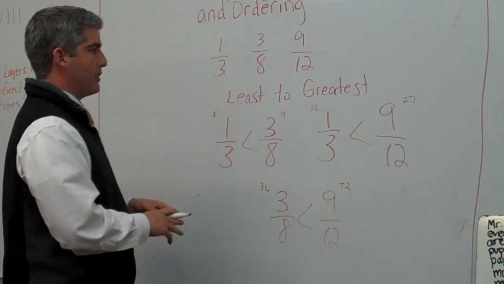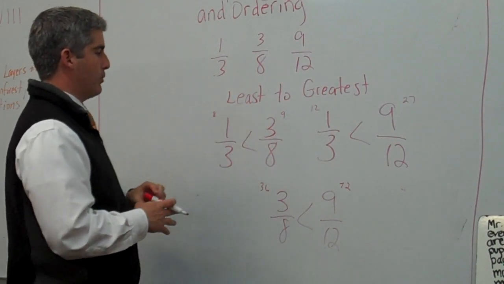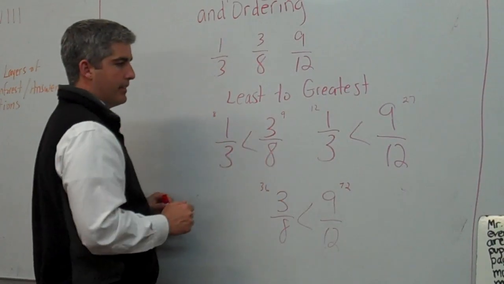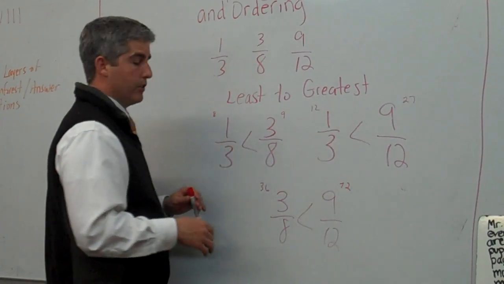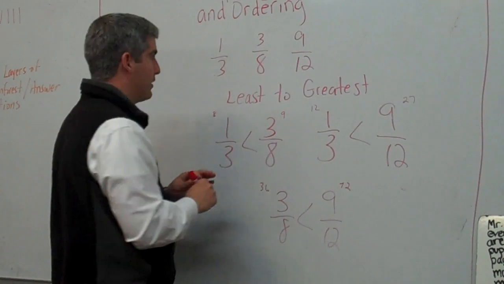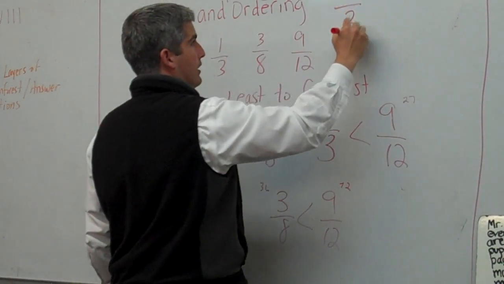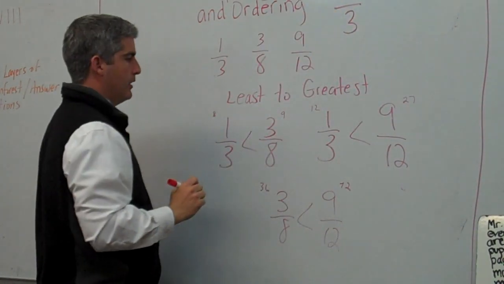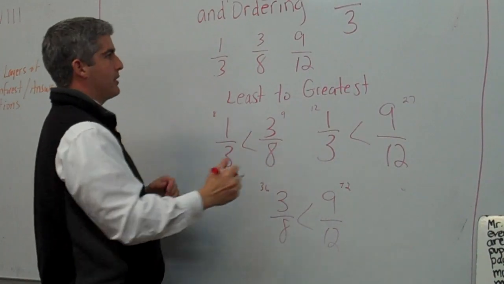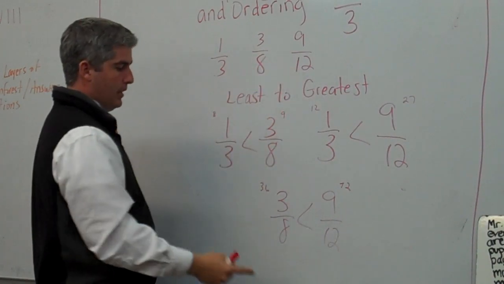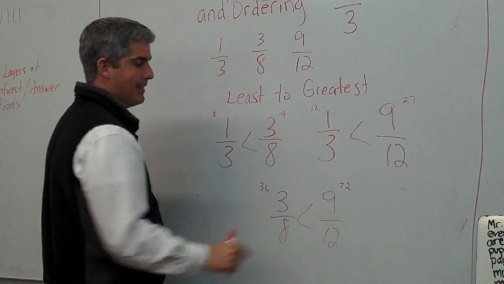So by looking at this, you try to figure out which one is the smallest. Well, 1/3 is less than 3/8, and it's also less than 9/12. So since it's less than the other two fractions, 1/3 is our smallest fraction. Then we just have to figure out which one comes next. So we took a look at 3/8 and 9/12. Well, right down here, 3/8 is less than 9/12.